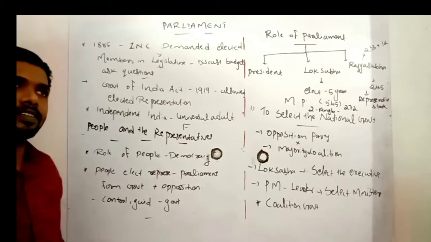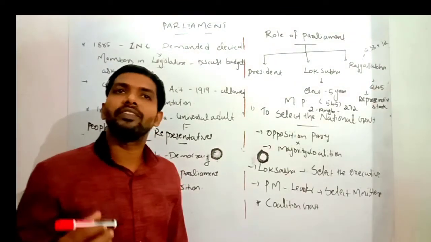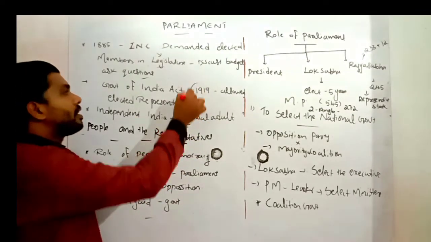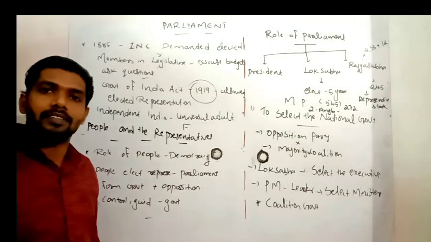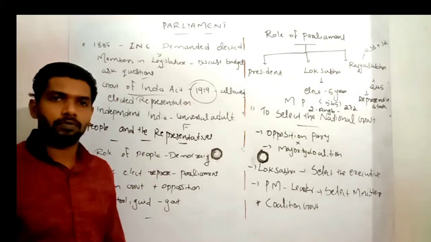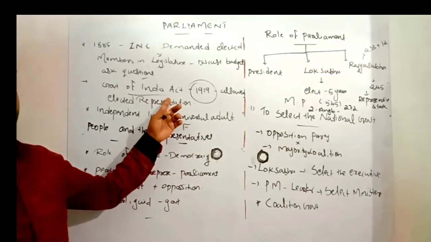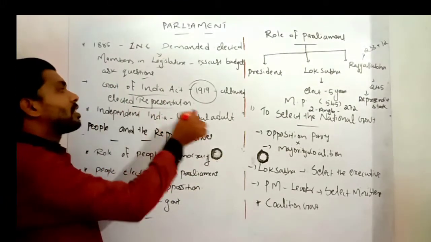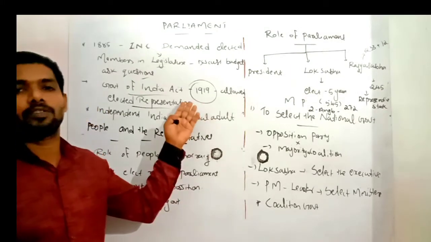As a result of the pressure put forward by the Indian National Congress over long years, the British government finally passed an act in the year 1909. That act is commonly called the Government of India Act. According to it, the British authority allowed elected representation in the legislature.